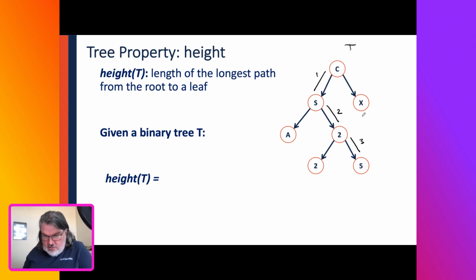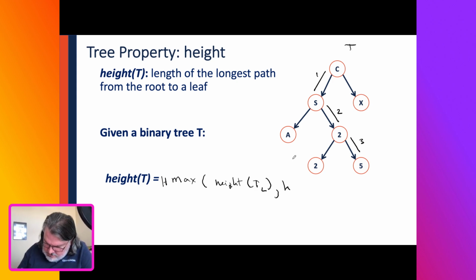So the height of T is, well, what does height look like? This looks like a recursive thing. The height of T is going to be 1 plus the max of the height of TL and the height of TR.